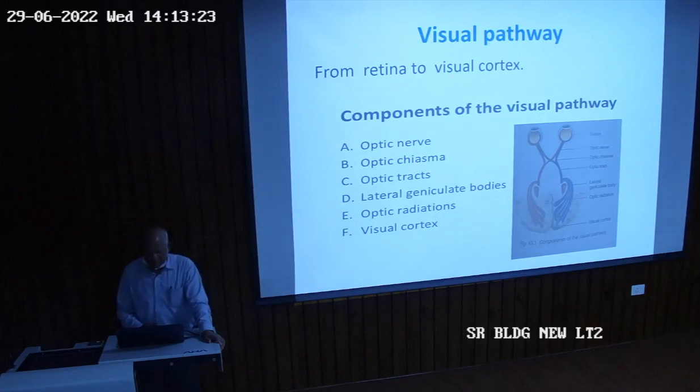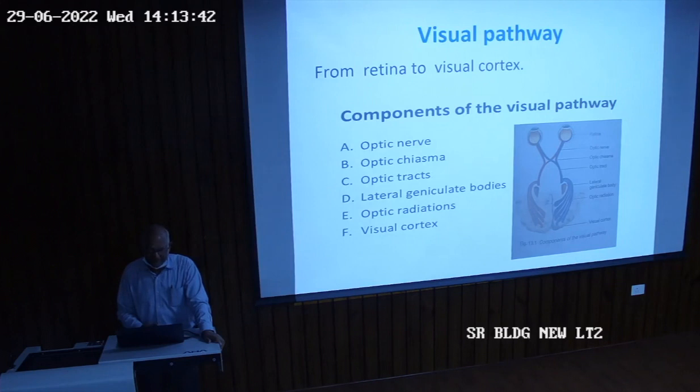Just to see it again. This is the retina, both the sides. This is the temporal retina. This is the nasal part of the retina. The nasal side of the retina, the optic nerve fibers, are responsible for the temporal vision, while the temporal fibers are for the nasal vision.